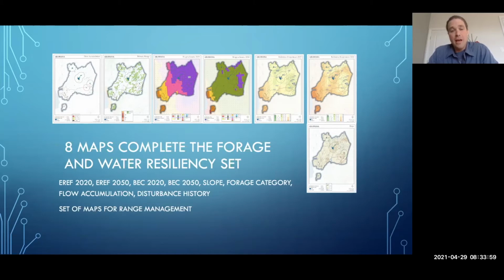We have the reference evaporation, the Beck maps, the slope, the forage categories, the flow accumulation and the disturbance history, and then another map that we can use for range management, which would include either an orthophoto or some fence lines and stuff like that. So you're seeing 7 maps there. The disturbance map is missing off of that slide, but then there's also one that has the range management layers on it as well.